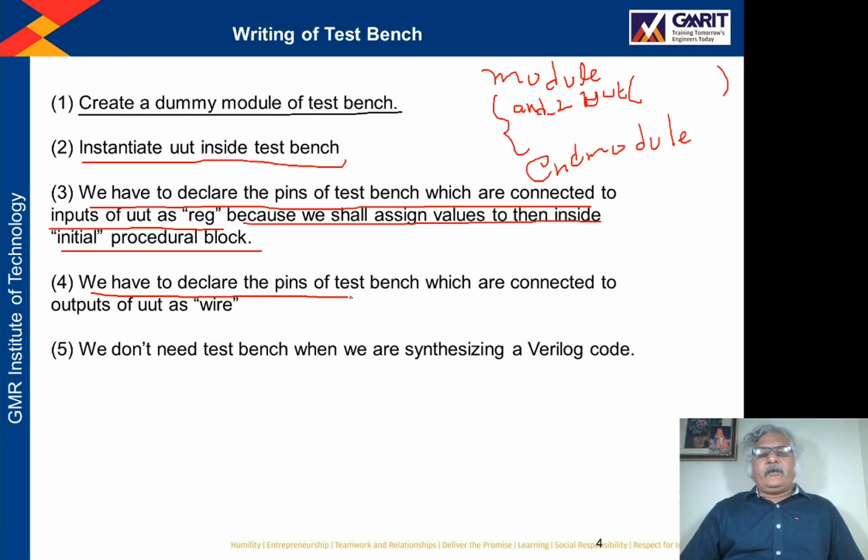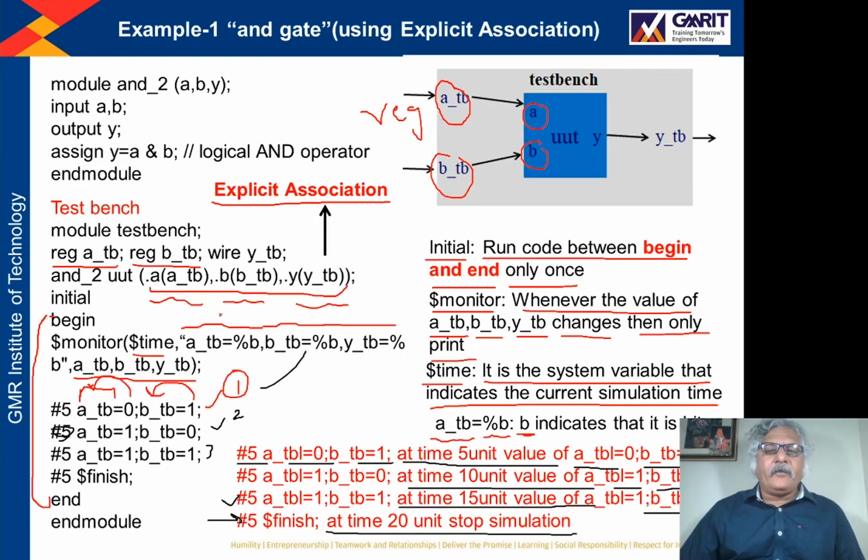We have to declare the pins of the test bench which are connected to the output of the UUT as wire. So this is connected to the output pin of my unit under test, so this should be declared as wire, right?